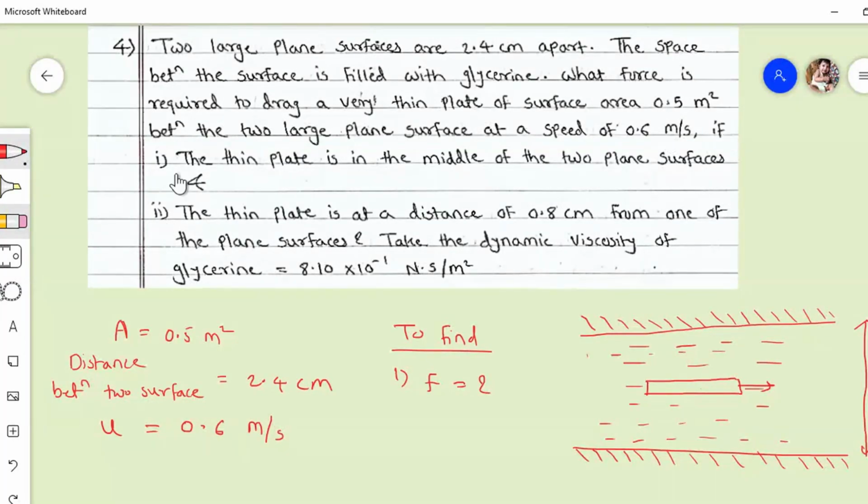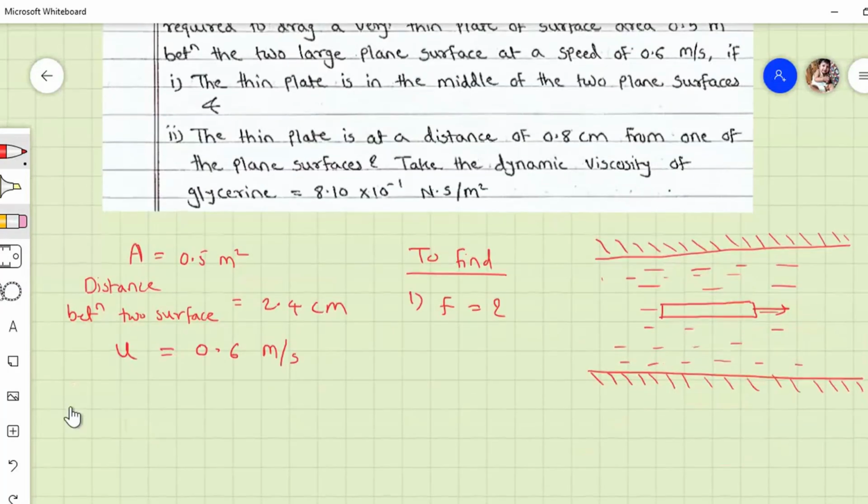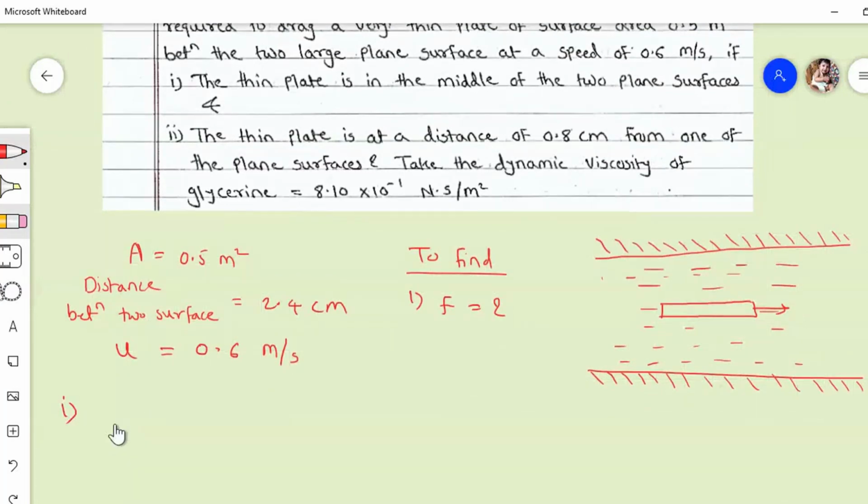Now there are two conditions. The first condition is that the thin plate is in the middle of the two plane surfaces. So condition one is plate is at the middle. When the plate is at the middle, how much force is required, that I have to calculate. And the second thing is the thin plate is at a distance of 0.8 centimeter from one of the plane surfaces.